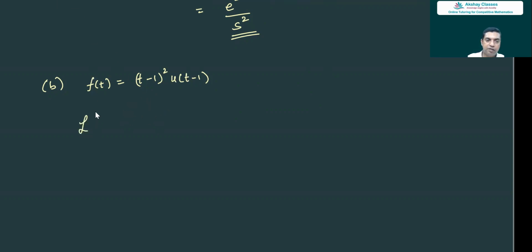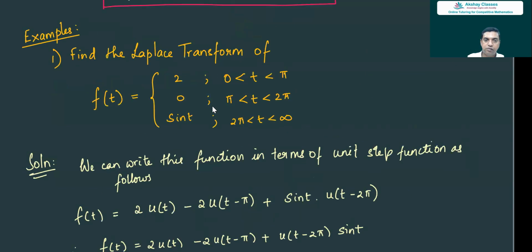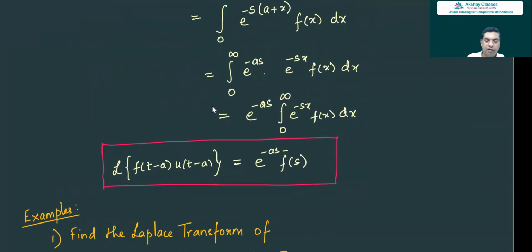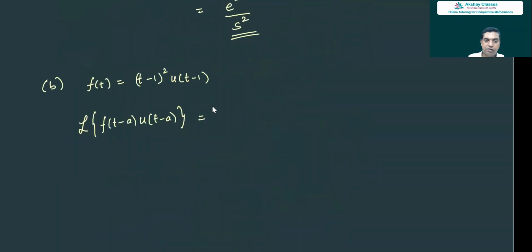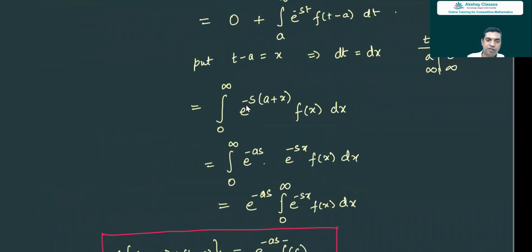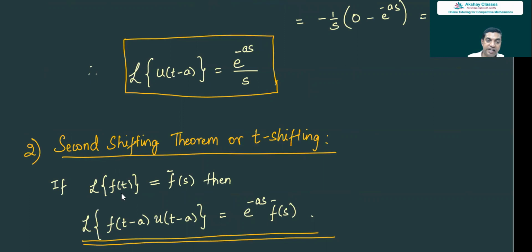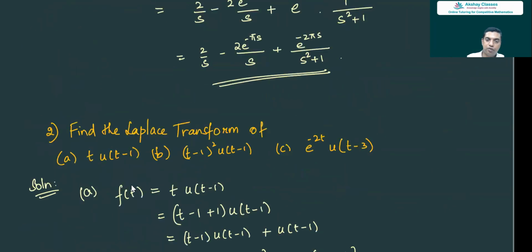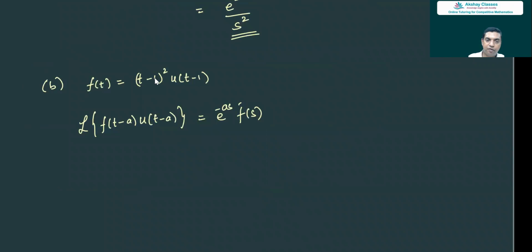So remember, Laplace transform of f of t minus a into u of t minus a is e power minus as f bar of s. And what is f bar of s? Whatever it is, f of t. So it's a Laplace transform of f of t.